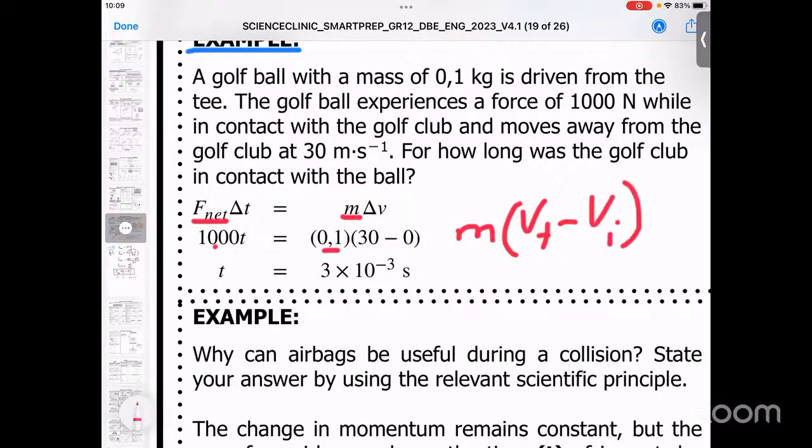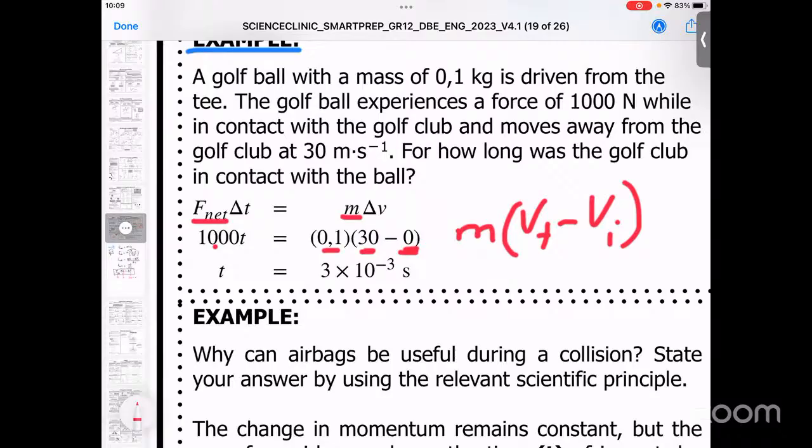So initially the ball was at rest, and then it was driven from the tee until whereby it moves away from the golf club at 30 meters per second. So that means the final velocity is that one of 30 meters per second.